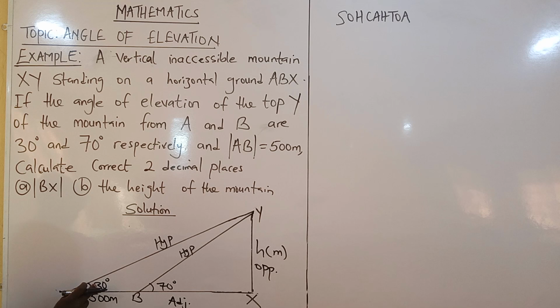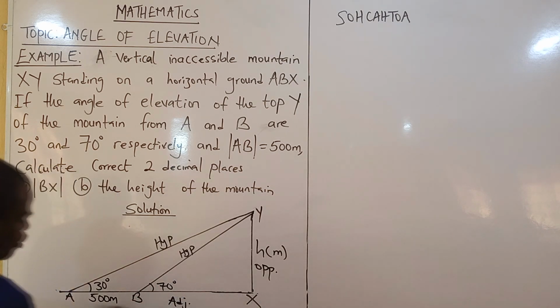If you are taking this angle, we are going to join the whole line together because the angle takes care of the whole line. When you are considering this angle, consider BX. When you are considering this angle, consider AX.